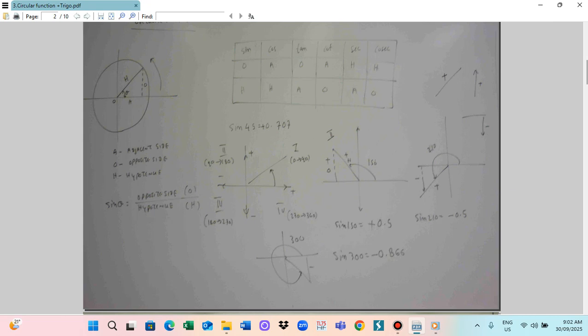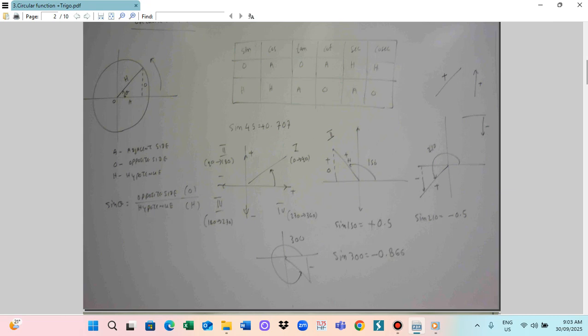In this case, we can write down the trigonometric ratio. Sin theta is equal to the opposite side divided by hypotenuse. Opposite side is O, hypotenuse is H. This way, we can develop the trigonometry table: sin, cos, tan, cot, secant, and cosecant.